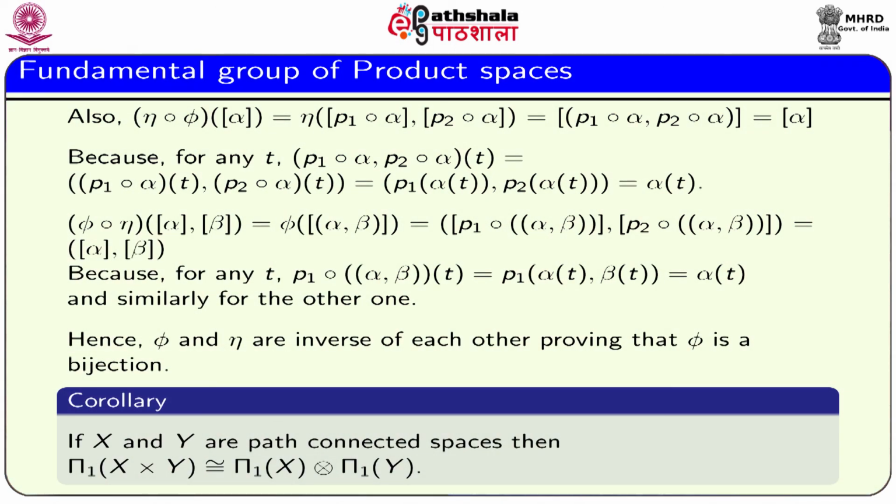Hence, phi and eta are inverses of each other, proving that phi is a bijection.